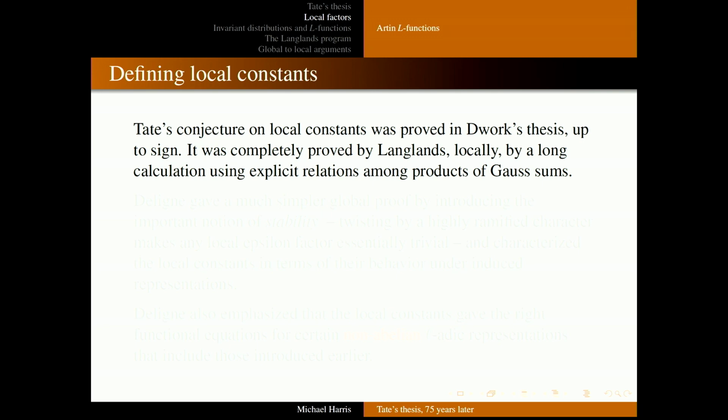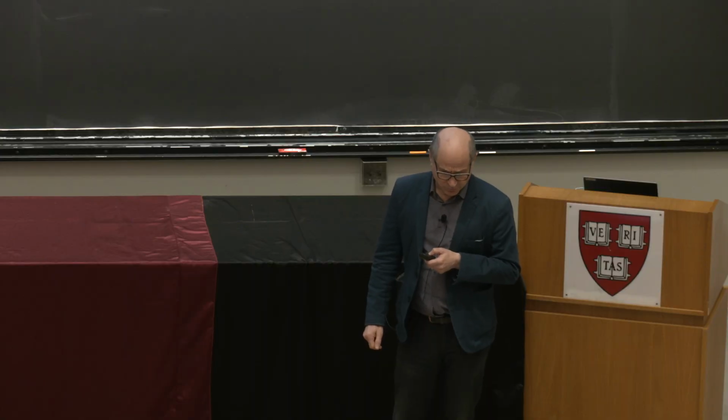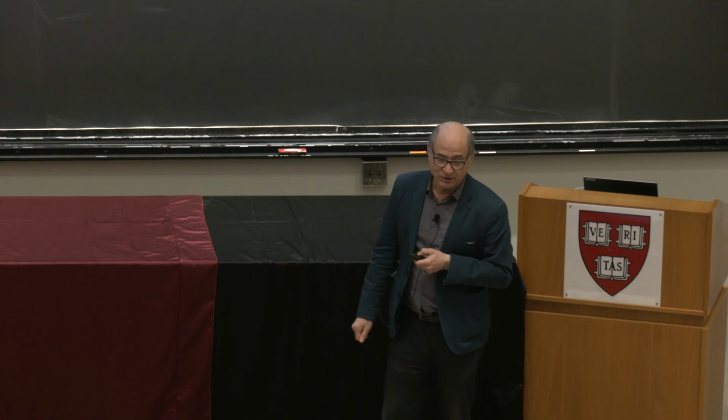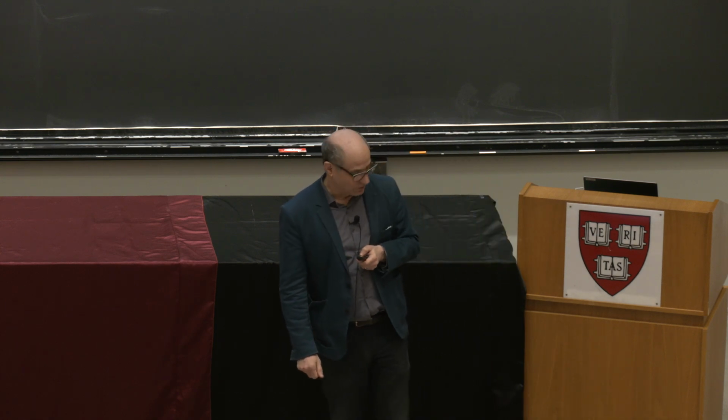Then many years later, it was proved by Langlands by a long calculation, as in his paper on, I think it's called, the functional equation of Artin L-functions. It was a long calculation, 200 pages, using explicit relations among products of Gauss sums.